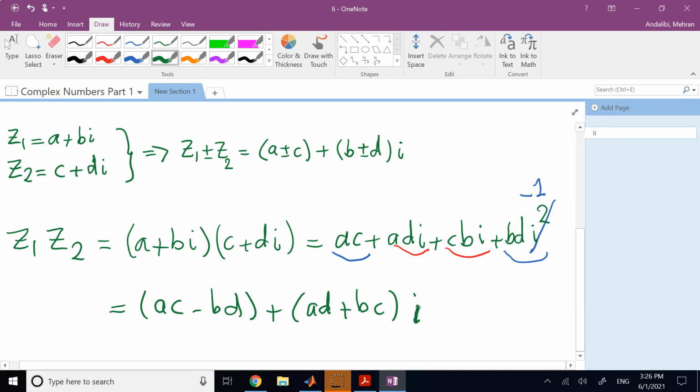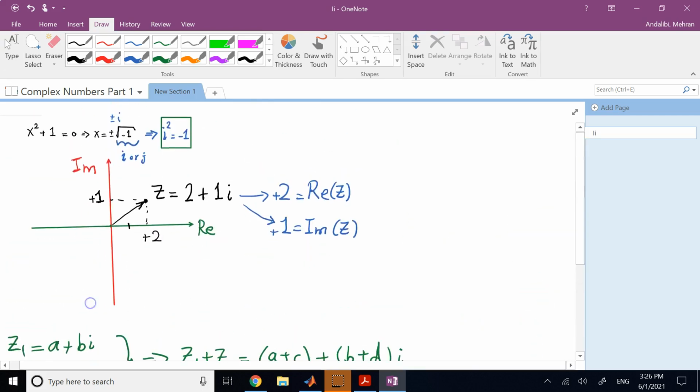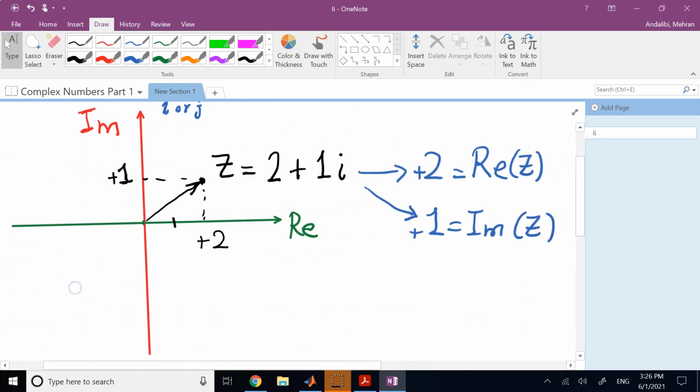And now, before I talk about the division, I need to introduce one new notion in complex numbers, which is called the complex conjugate. So the complex conjugate of a complex number is basically the same as the complex number, except the imaginary component is negated. So here, the real component is positive 2.